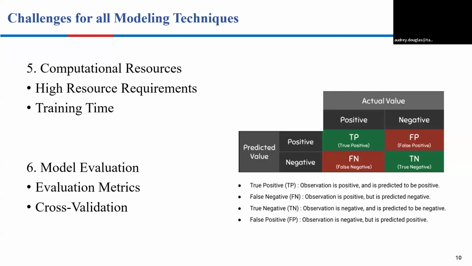And also some of those complex models can take a long time to train, especially when you have a large data set and you are working with big data, right? So it slows down the development process, I mean, right?